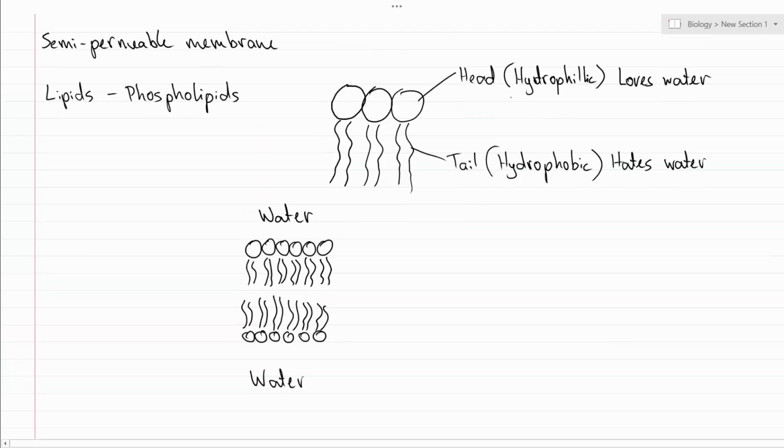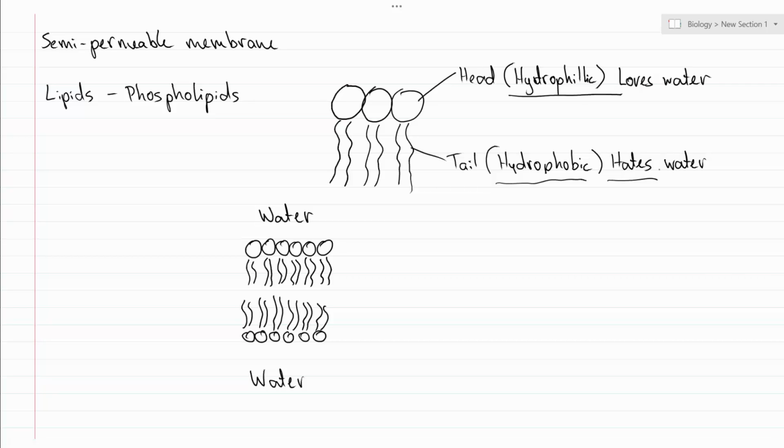If you remember, our heads are hydrophilic, which means they like water. So the heads of these two layers of phospholipids are going to face where the water is. The tails, which remember are hydrophobic, so they hate water, want to face inwards towards one another, so they can stay away from the water. So we end up with two layers which make up this one cell membrane, where the heads face the water on the inside and outside of the cell, and the tails, which hate water, are protected by facing each other on the inside.